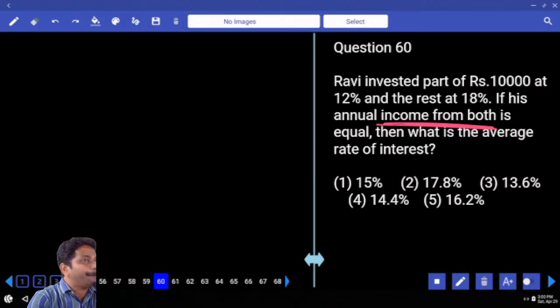What do you mean by income in this context? Is it about principal? Is it about amount? Is it about interest? Principal, amount, interest. Amount cannot be income.